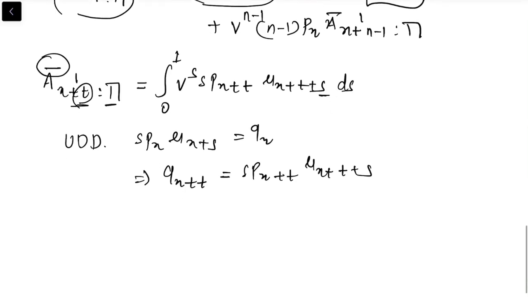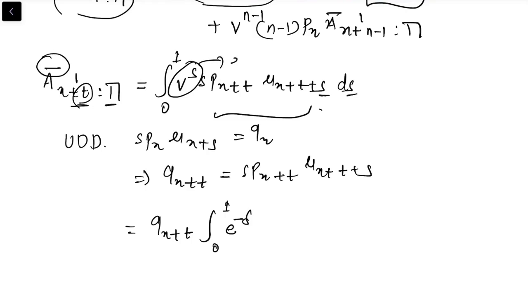Then from this part, I can say that q_{x+t} will come out from the integration, because we are integrating with respect to s, and this integration 0 to 1, I'm writing vˢ in terms of e to the power minus δs, ds.